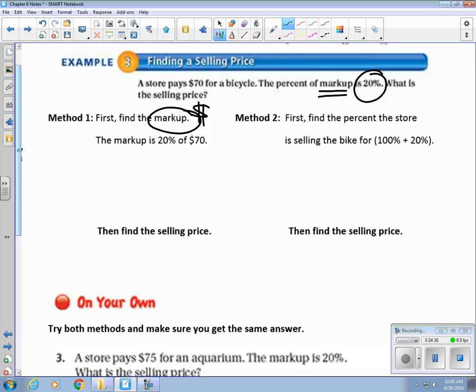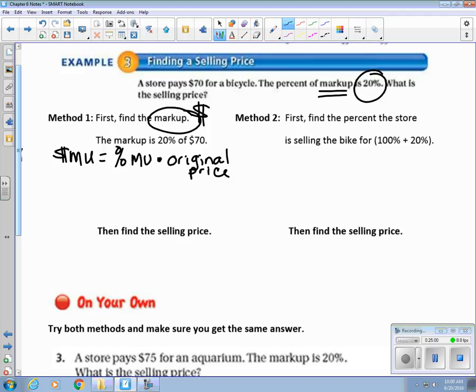So how do we find the markup in dollars? Well, the dollar markup is equal to the percent markup times what the store paid, which we'll call the original price.